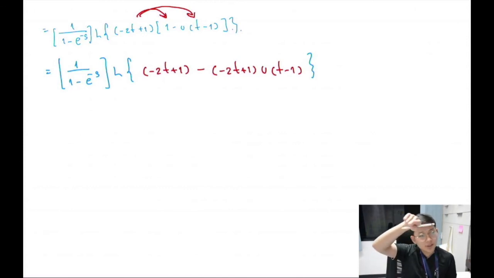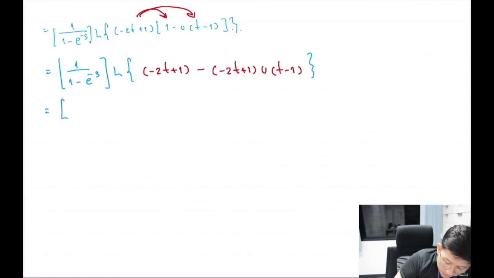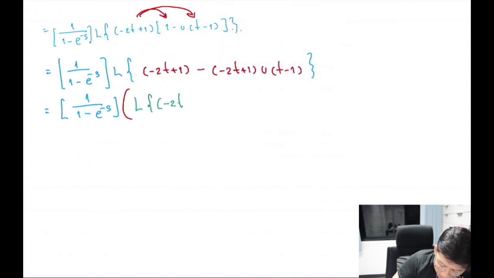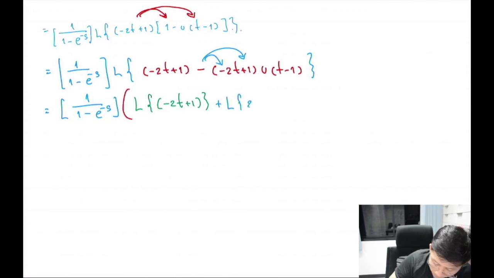Just distribute the left term into the bracket. So you have 1 over 1 minus e to the minus s, and then the Laplace transform of minus 2t plus 1. Can I multiply this in there? So I get plus the Laplace transform of 2t minus 1, times u(t minus 1).